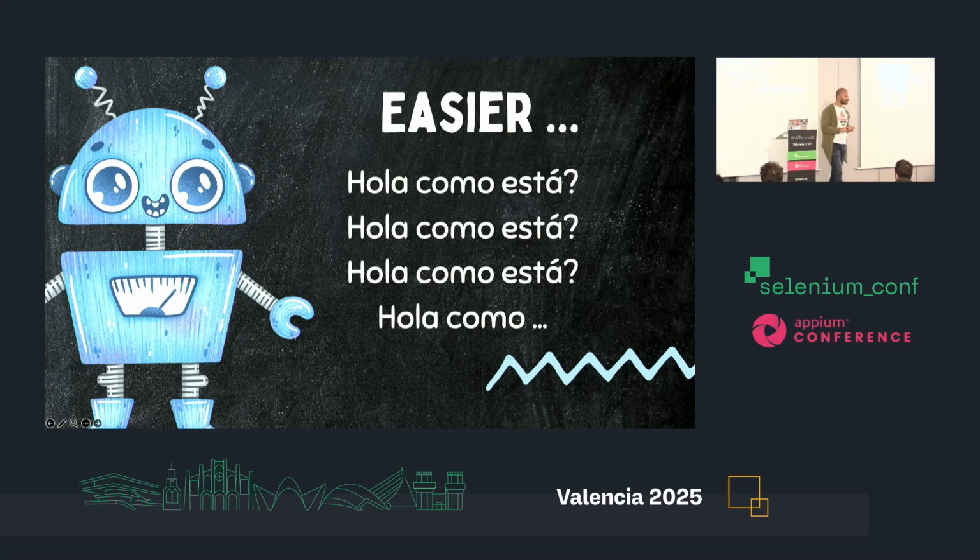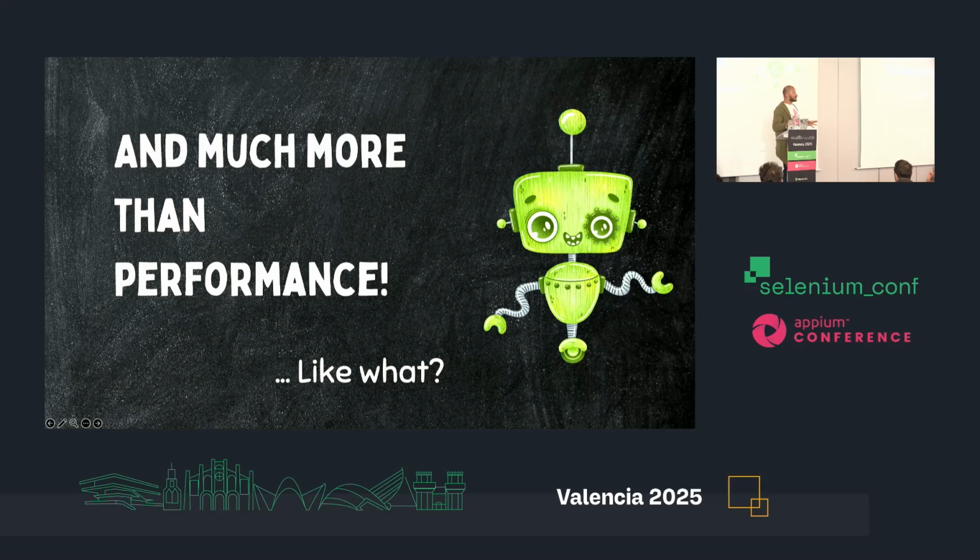In a way, that is going to give us a feeling of, I like to think of it as the pulse of the application. Continuously finding out how it is doing, if it's doing it well, if it's doing it right, if it's still doing it, if it's still there, and many more things. Many, many more things than performance. Because yes, synthetics are very useful to continuously find out the performance of our application.